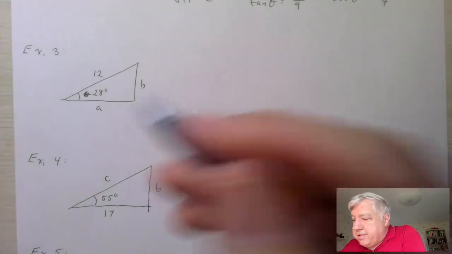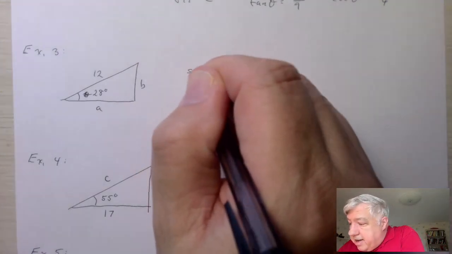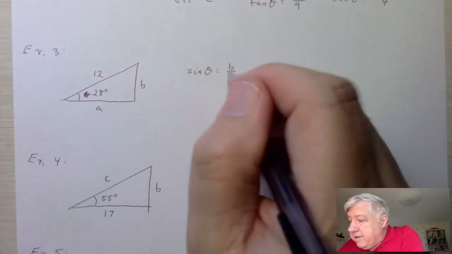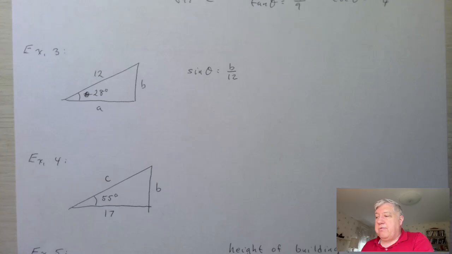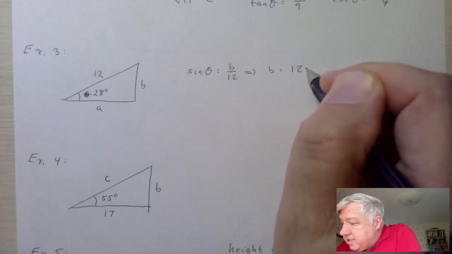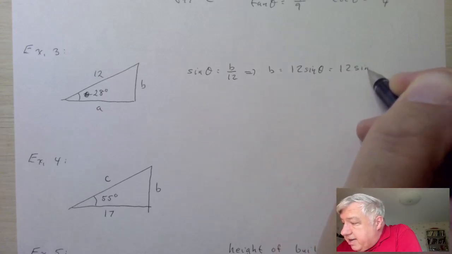We can use either the sine or the cosine. It doesn't matter. But if we use sine, we know that sine of theta will be the opposite side divided by the hypotenuse. So the sine of theta is b divided by 12. So b is going to be 12 sine theta, which is 12 sine of 28 degrees.